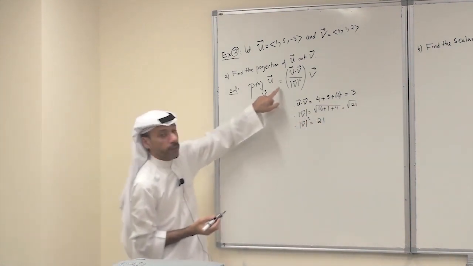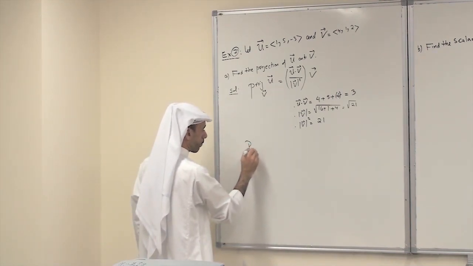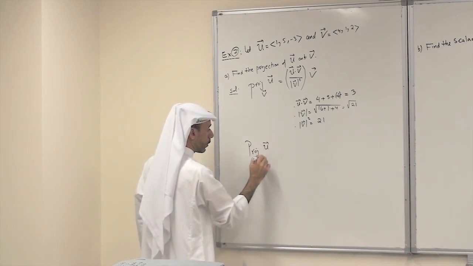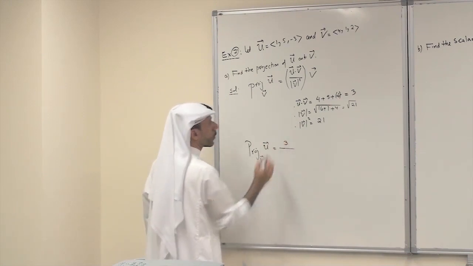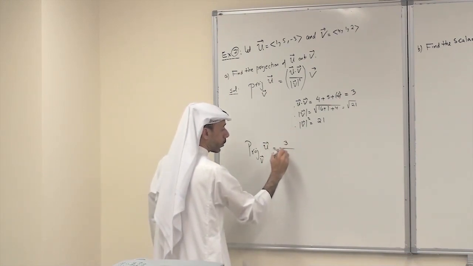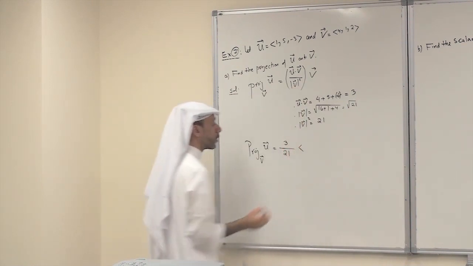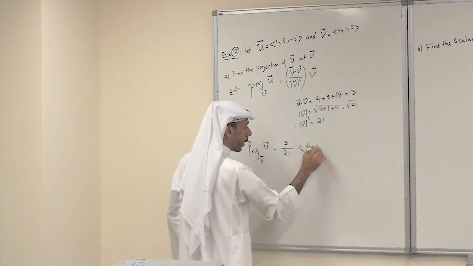Now substitute in the formula. The projection of U onto V equals the dot product 3 over the magnitude squared 21, times the vector V. What is the vector V? The vector V is 4, 1, 2.